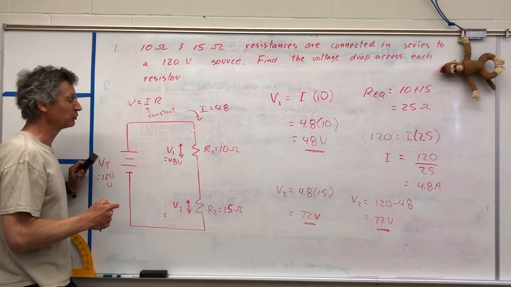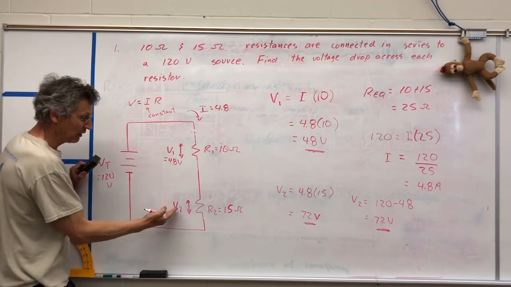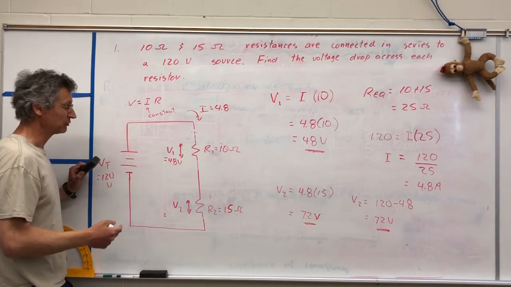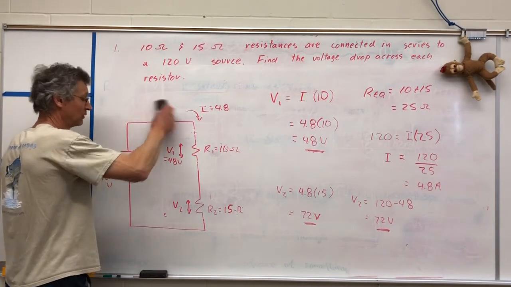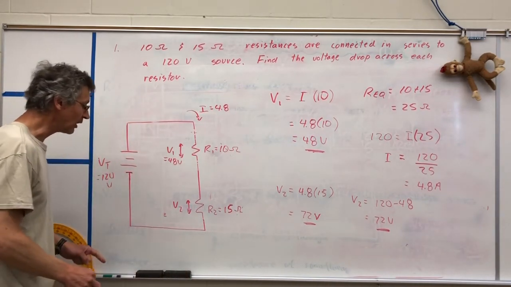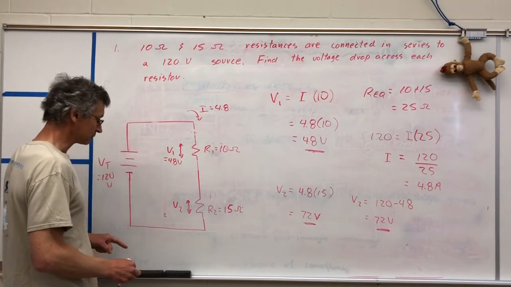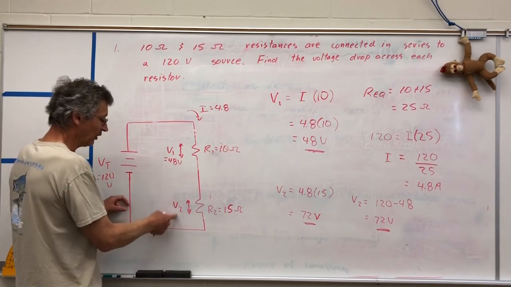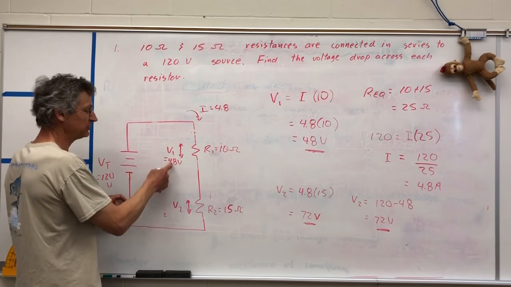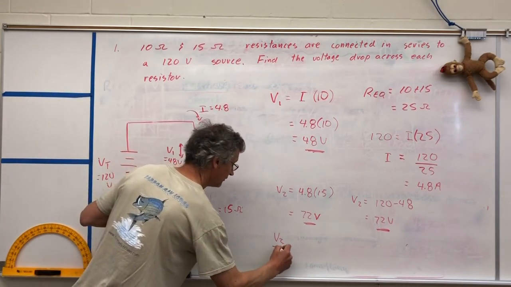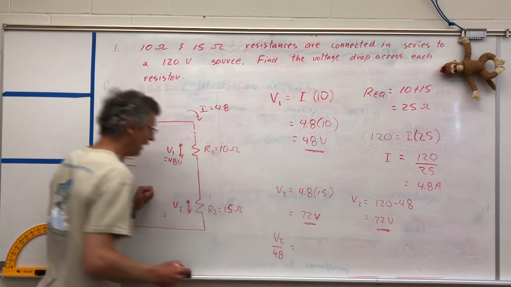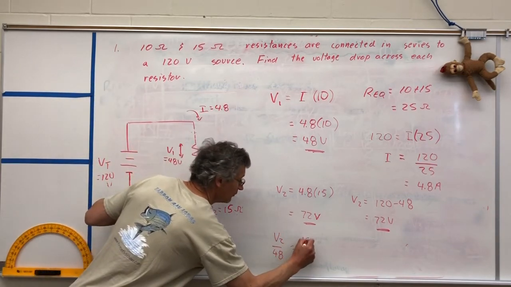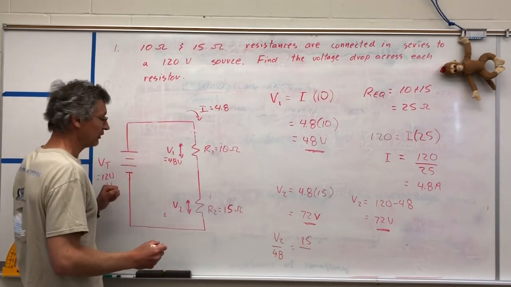So in other words, to figure out this voltage, because things are proportional, you can write ratios. Watch this. I'm going to say this voltage is to this voltage as this resistance is to this resistance, because the voltage and the resistance are proportional.